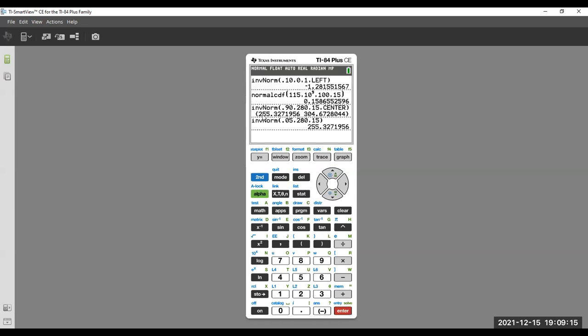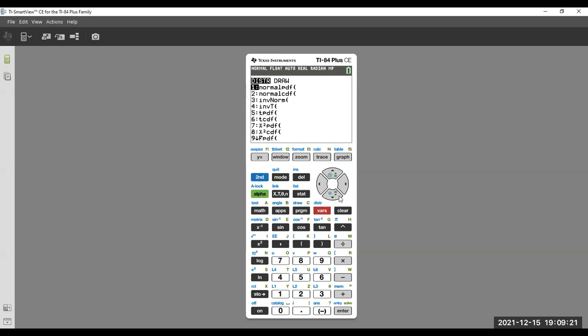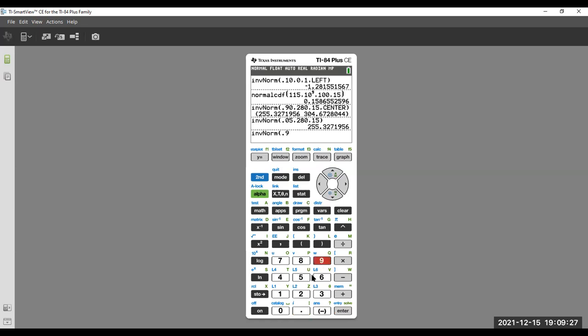This gets me to that left endpoint, if you will. A second bite at the apple. This time I'll use 0.95. So that's all the area up until that cutoff on the far right, comma, 280, comma, 15, close them up.